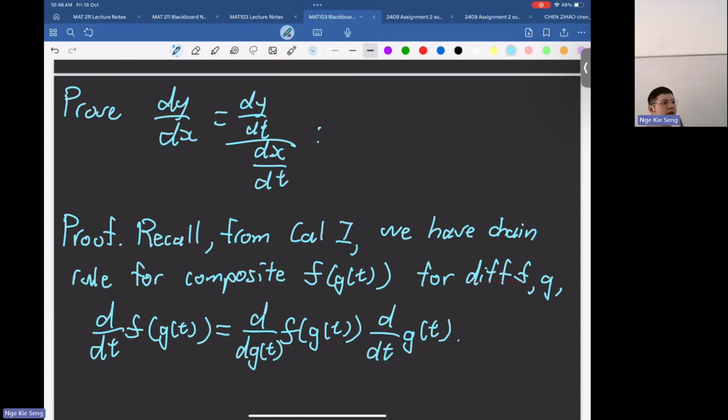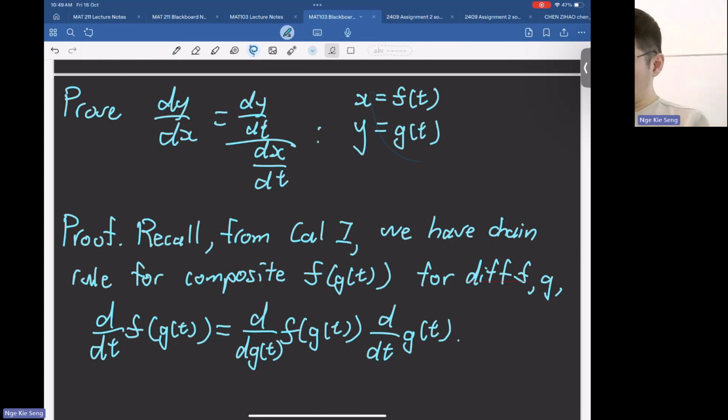But how do we apply it to our case? What's our y? What's our x? We can use a parametric equation to describe them. We describe x as f of t and y as g of t.